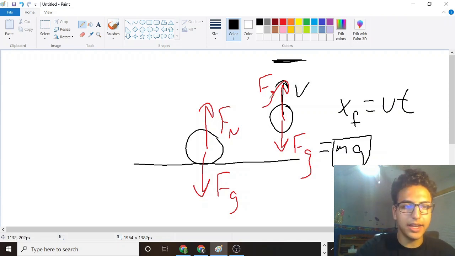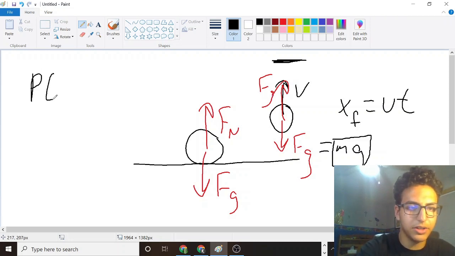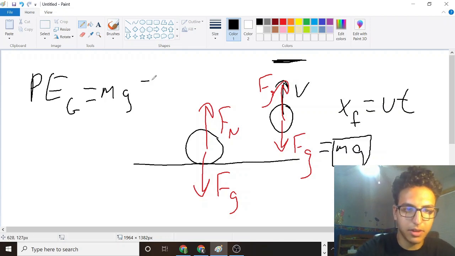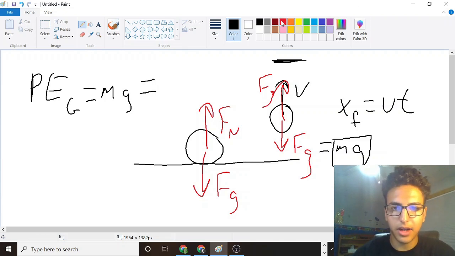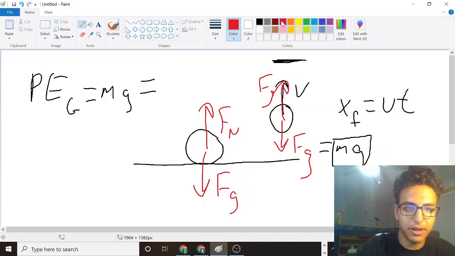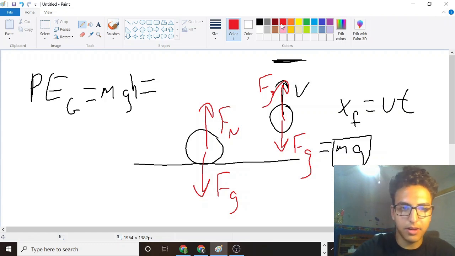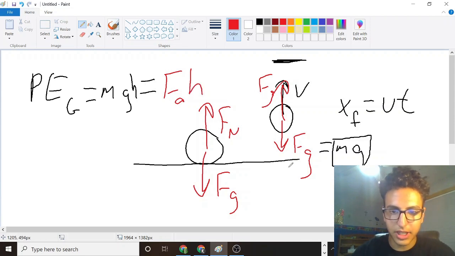Okay, because we know that the potential energy from gravity is equal to mgh, which also happens to equal this applied force times height. The height is moved up because this force is equal to Fg.